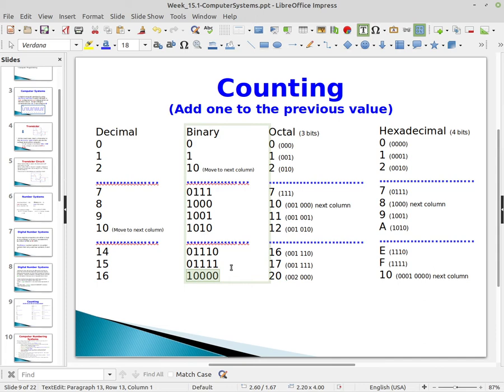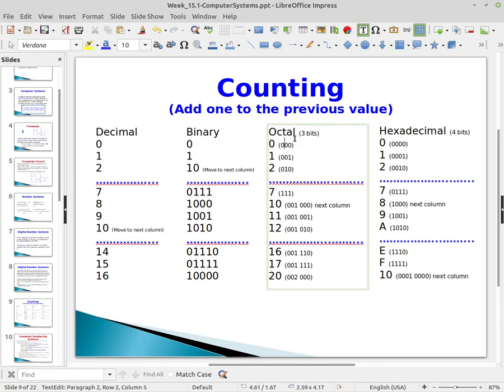So these just keep going and going. If we try to display that in octal, with octal we can go through 0 through 7. So we have 8 unique characters. The last one is 7. It's not 8, it's 7.